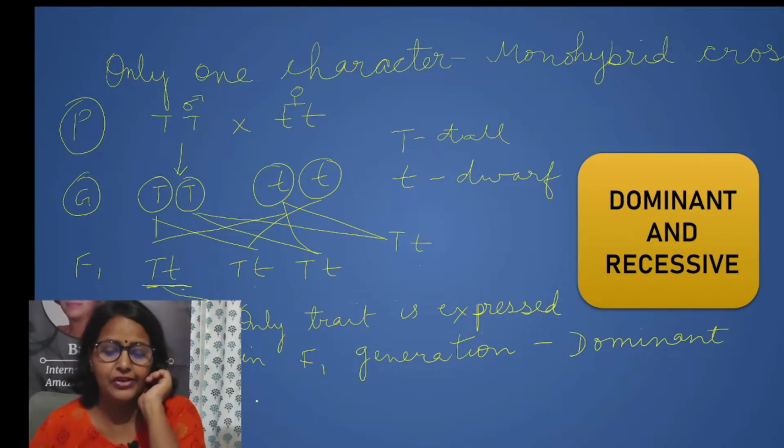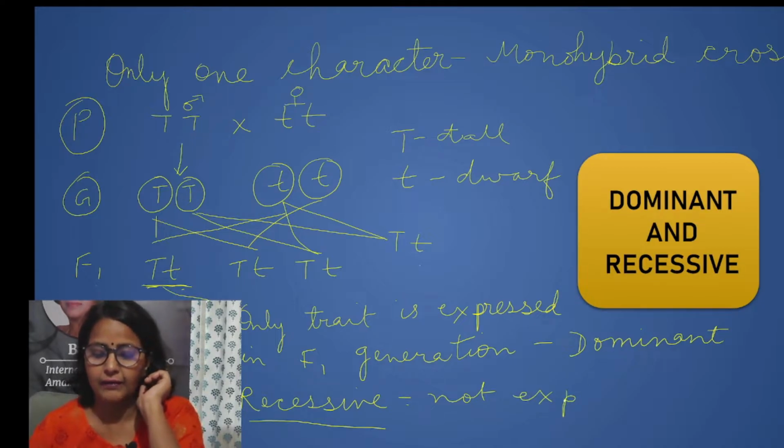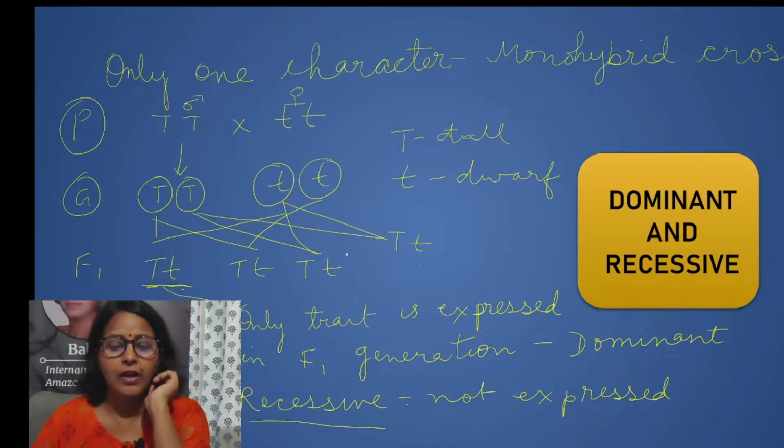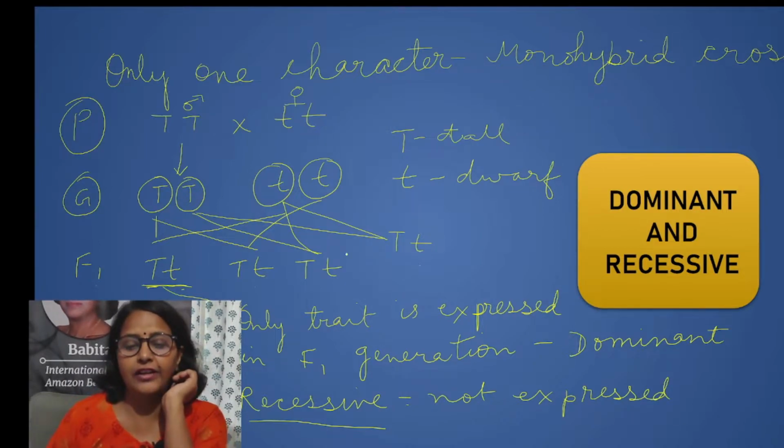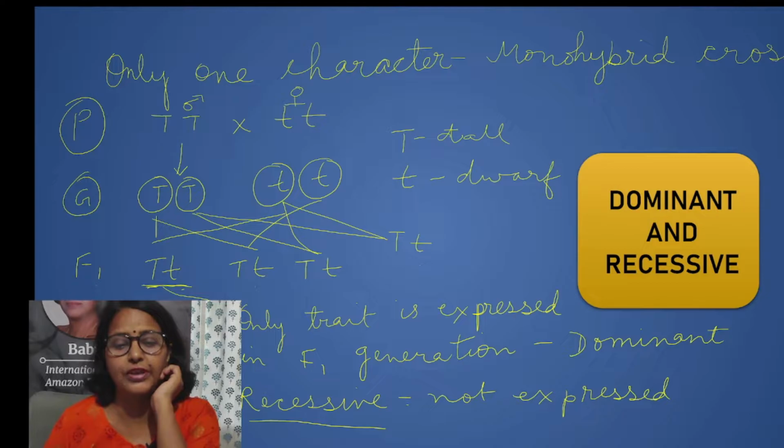The trait which is not able to express is known as recessive. Trait not expressed. So that is how we had given the names to these alleles.